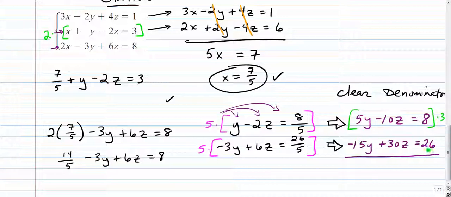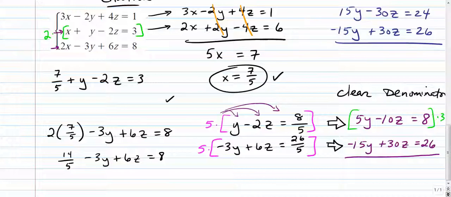So I have 3 times 5y minus 30z equals 24. I'm going to rewrite the bottom one, and add them together. These cancel, these also cancel, leaving us with 0 equals 50. That's not true. That's a contradiction.